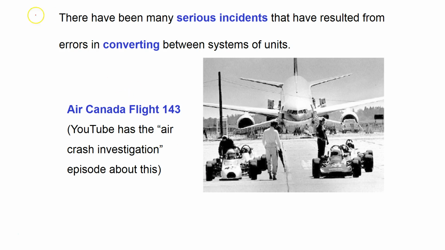Now, there have been a few incidents of unit conversions going horribly wrong, and a good example of this is Air Canada Flight 143. It's a Canadian aircraft, so they use the metric system. This was a relatively new aircraft, and there was a miscommunication between the ground crew and the flight crew.